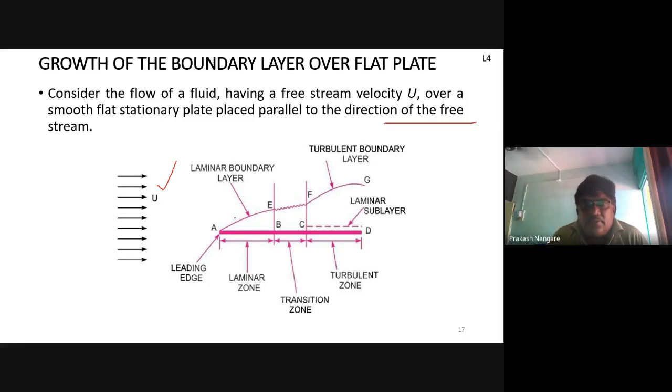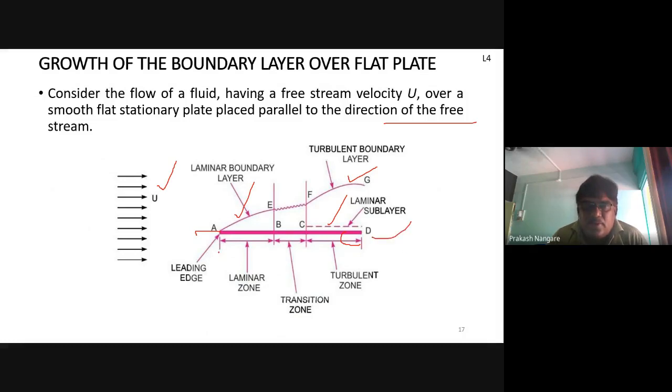In the earlier stage, there is the laminar boundary layer. Then in the latter case you observe the turbulent boundary layer and the laminar sublayer, whose thickness is obtained as it goes away from the solid boundary. This is the leading edge, and this is the trailing edge.